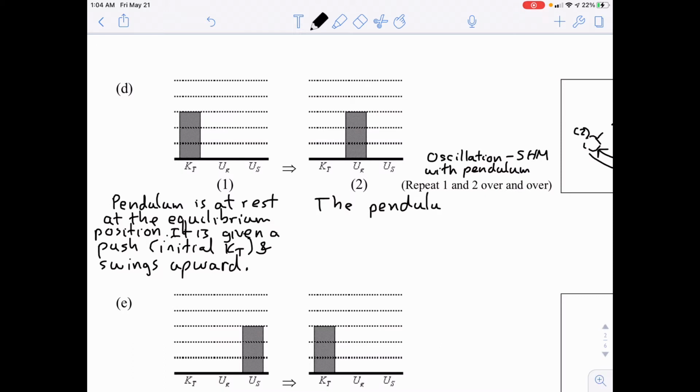Well, at this point, at position two, the pendulum has swung upward to its amplitude position. Again, let's practice using these physics buzzwords like equilibrium and amplitude.